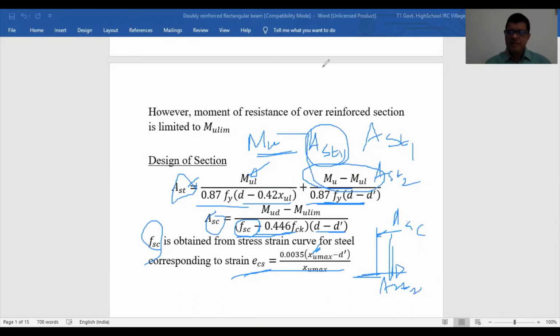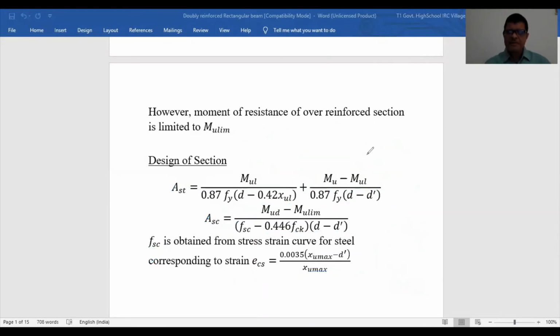A similar kind of concept has been derived in your code. Please open your code, page number 96 or 97. Open page number 96 of your code.